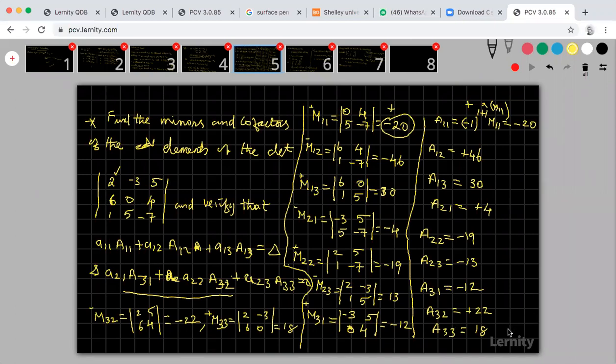So these are the cofactors and these are the minors. Please take down the minors and cofactors. Next we verify two results: the first result gives the determinant, the second result is 0. We will verify these two.